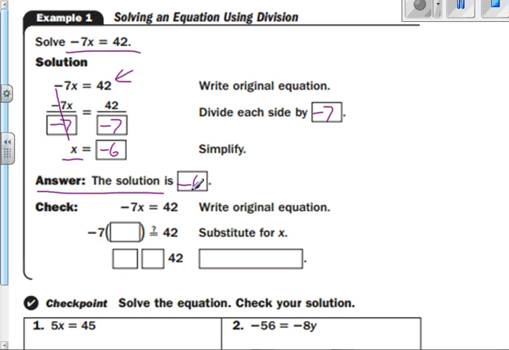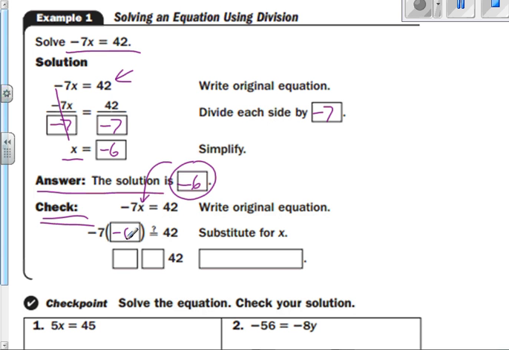All right, so now let's do the check. You always want to do a check whenever you work with equations or inequalities. If I think my answer is negative 6, I'm going to plug it in for the value of x. So I have negative 7 times, in parentheses, negative 6. The question mark is there because we're uncertain as to what it actually equals.